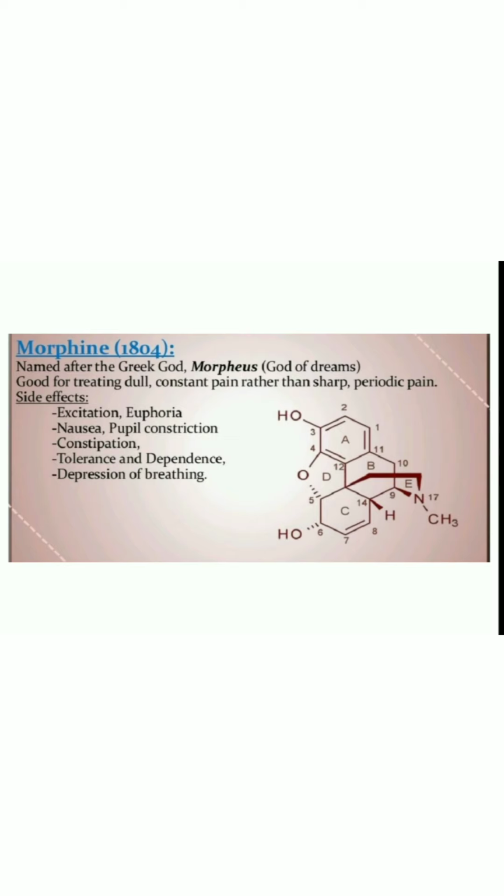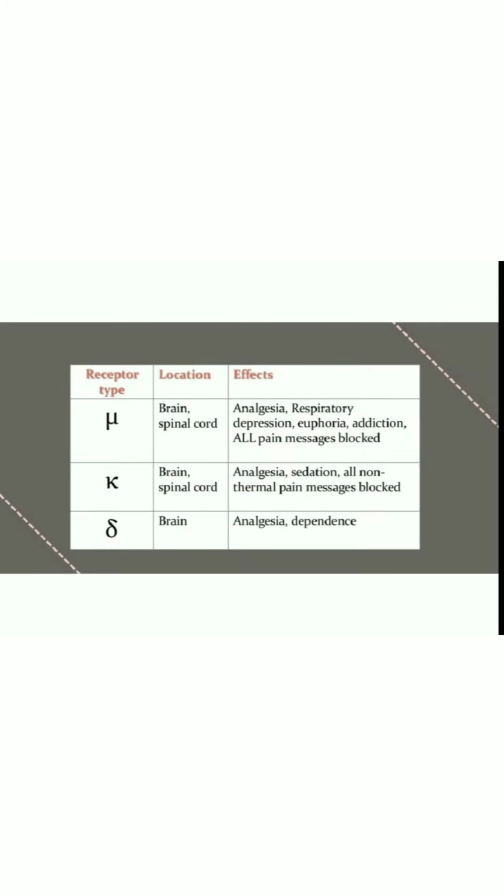We will focus on the two types of SAR. First, the receptors where morphine can act. They are basically termed as three receptors: the opioid receptors known as mu, kappa and delta.